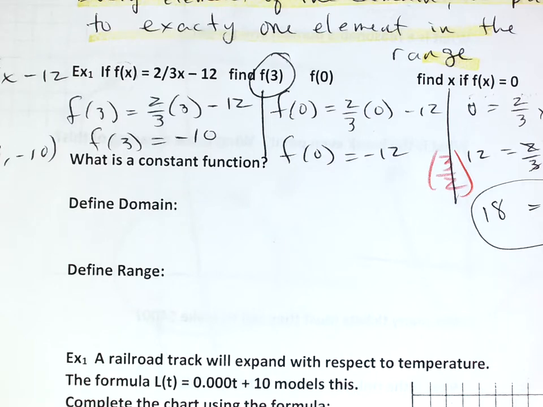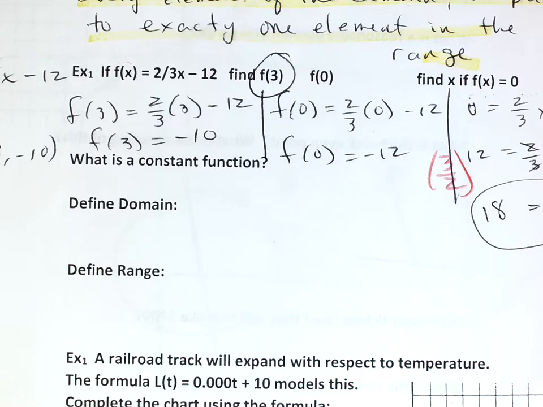So if you take a look at the graph of a constant function, here's your miles per hour, here's your distance, right? A constant function stays constant. It never changes. The slope of a constant function is 0 because your rate never changes. You with me? So any constant function is always a horizontal line, and it's whatever the y value is. Good? So that's a constant function.